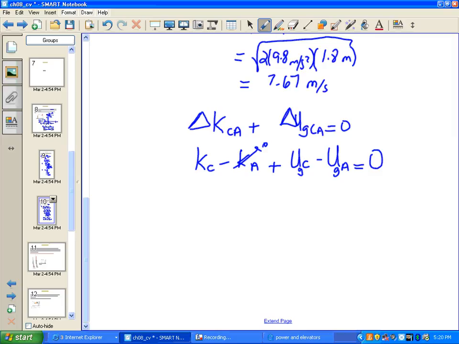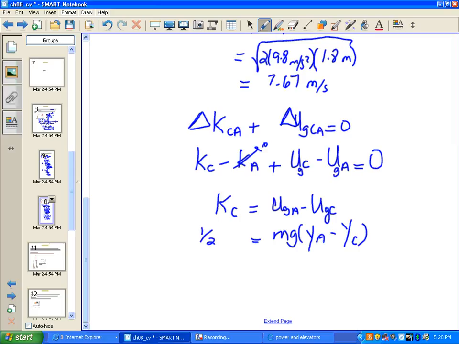Let's not forget the spring force is conservative and therefore stores potential energy, which we don't have in this problem. U_G,A minus U_G,C: mg(y_A minus y_C) equals 1/2 m v_C squared. The masses cancel. v_C equals the square root of 2g(y_A minus y_C).